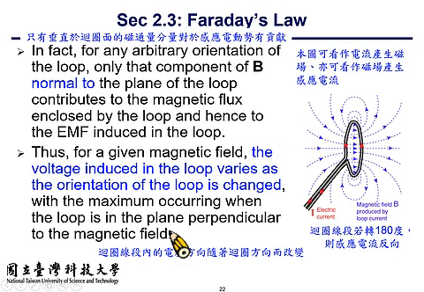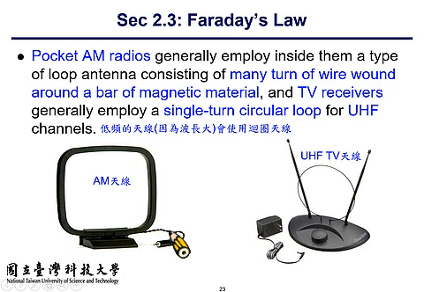However, if you rotate the current loop by 180 degrees, then the current will go in the opposite direction in this figure. Then the induced magnetic flux will change its direction as well. So the orientation of the current loop matters, as you can see from this illustration.